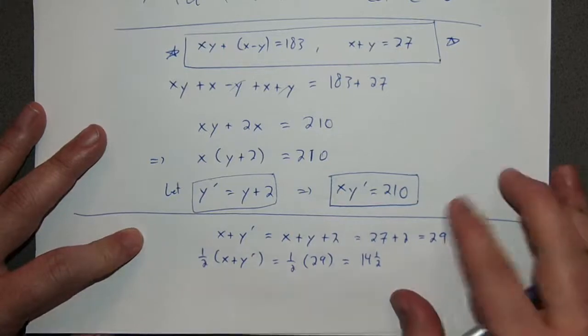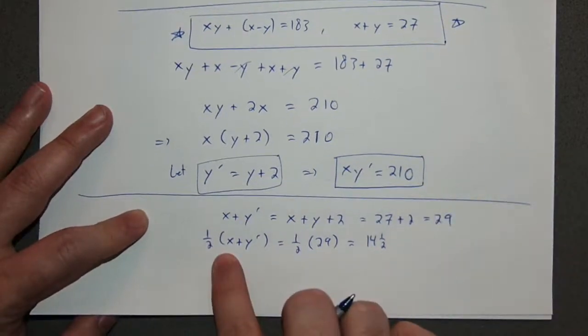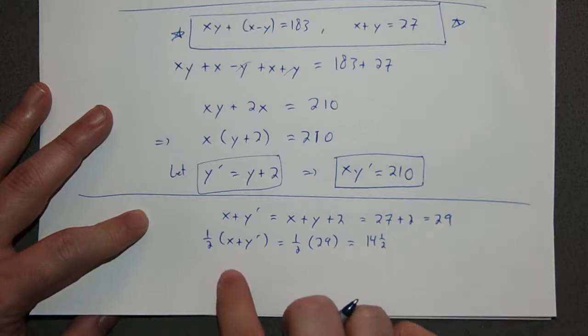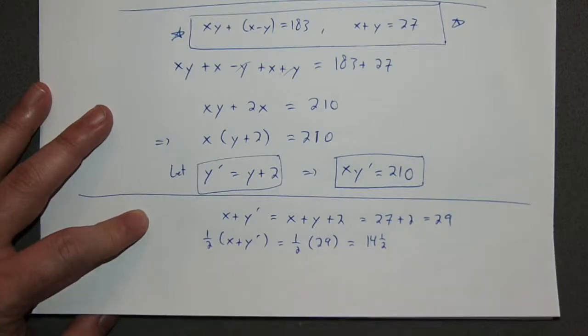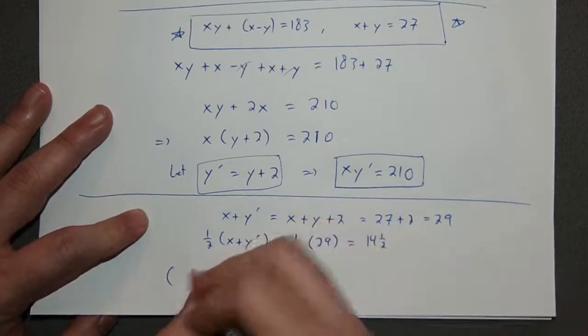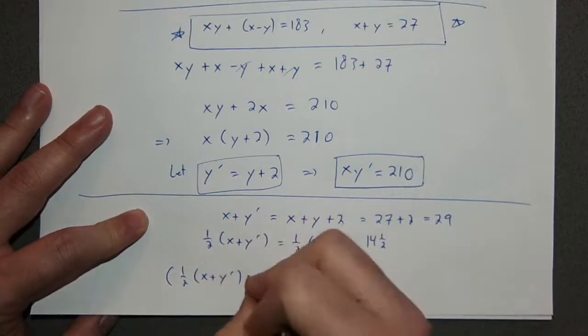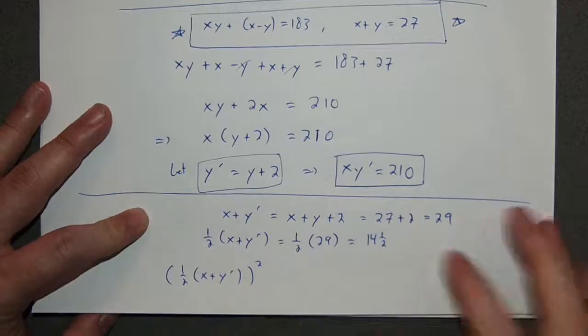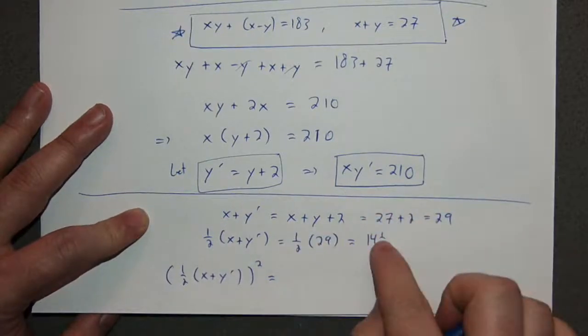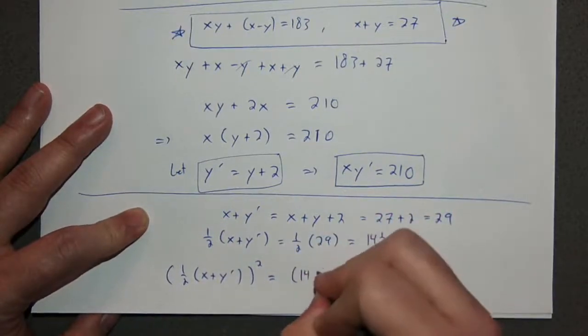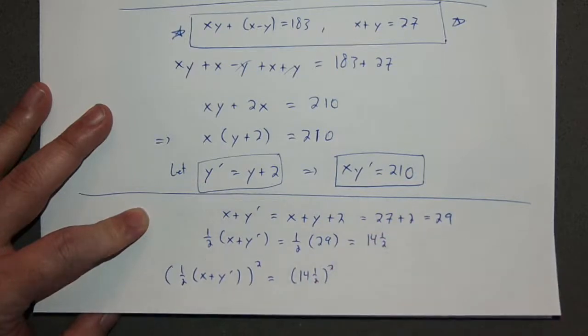And then next, I consider squaring this. So I have 1 half times x plus y prime all squared. Whatever that is, 14 and 1 half squared.